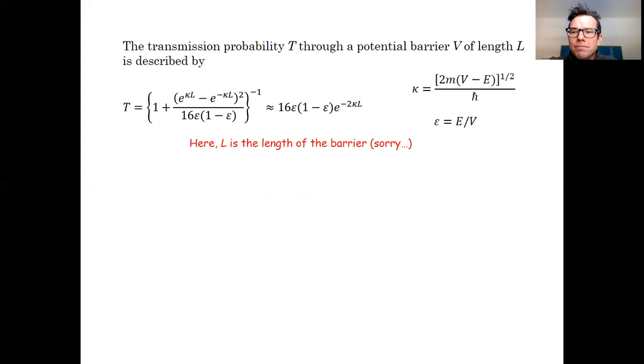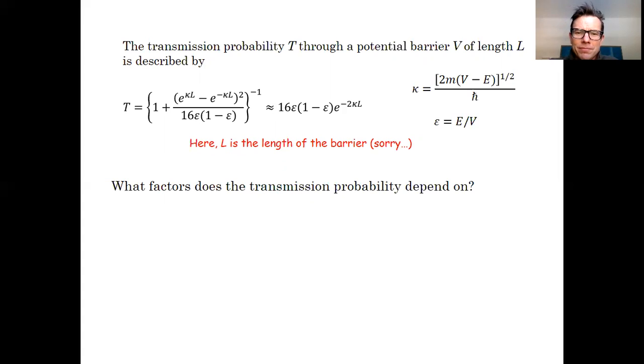All right, let's interpret this. What factors does the transmission probability depend on? Well, it depends on epsilon, which is sort of the ratio of the kinetic and potential energies. So it will depend on the ratio of the kinetic and potentials. That makes some sense to me.